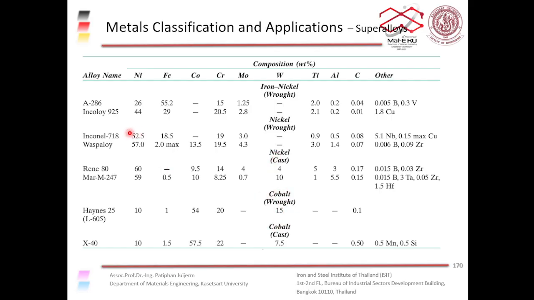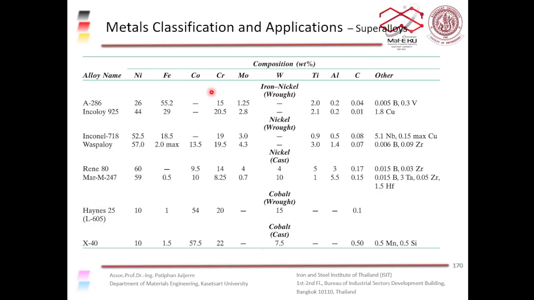These are the superalloys that have been used for a while now, like Inconel, Incoloy, Rene 80, Haynes 25, X40. These have been used a lot in power generation applications, steam turbine engines, gas turbine engines, right?